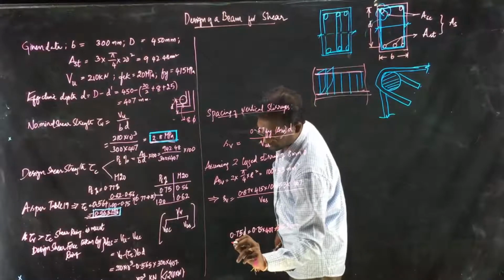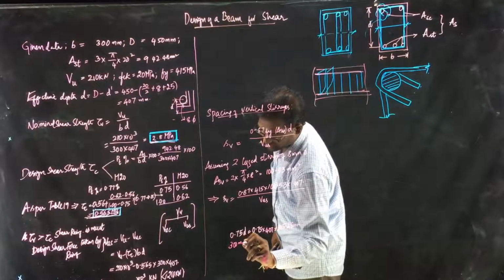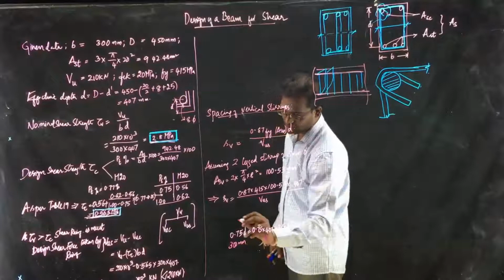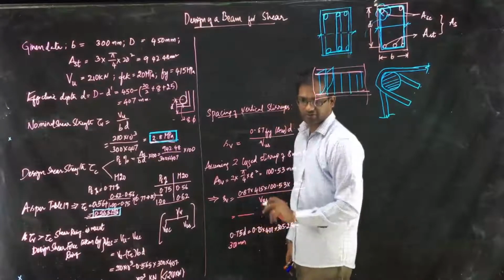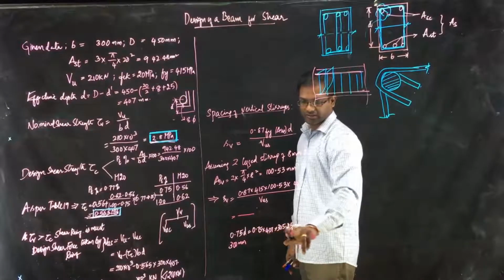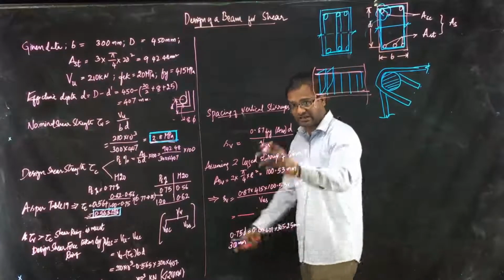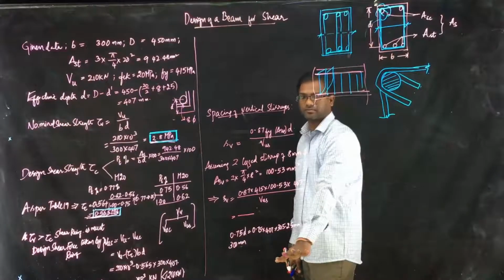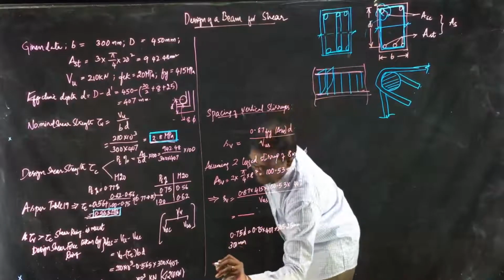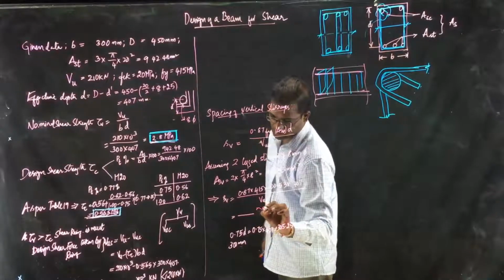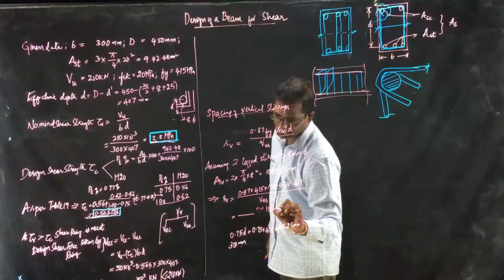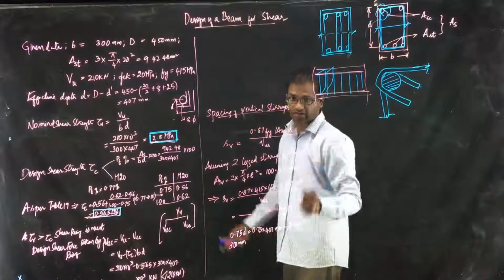And 300 mm. So as per codal provisions, the least should be taken out of these three: the value which you have calculated, this value and this value. When you have completed it, I think you will get a value of 100 mm. So I am taking the least possible.